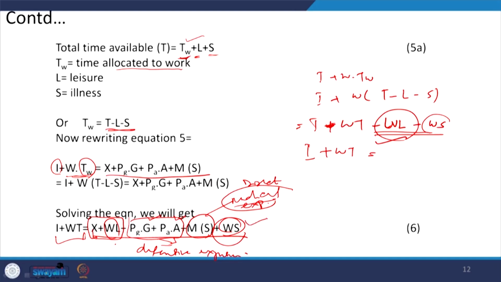And WS is again the damage cost, in terms of lost wage, because when you are sick you are not working and that is why you are losing this income, right. So this is your lost wages, the indirect cost. So now the model is clear to us: what the defensive expenditure is.